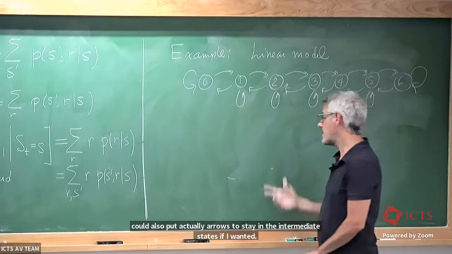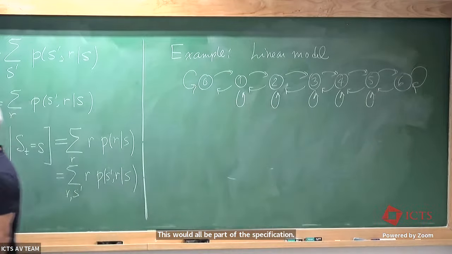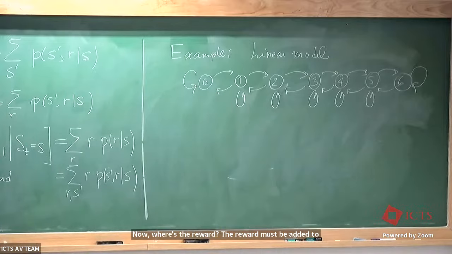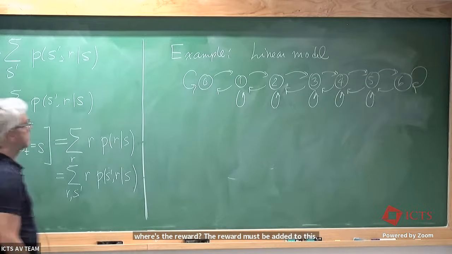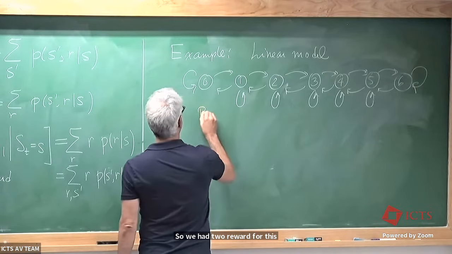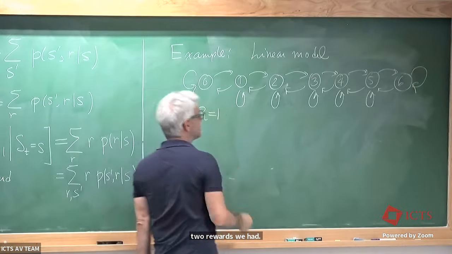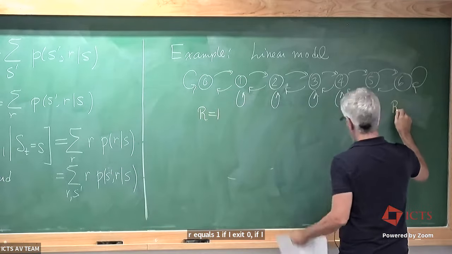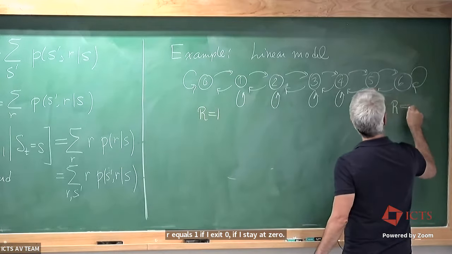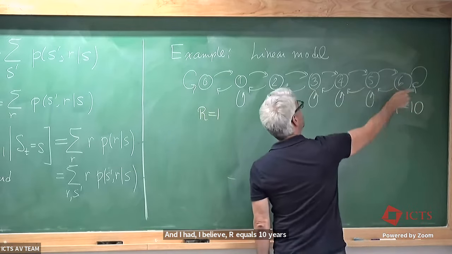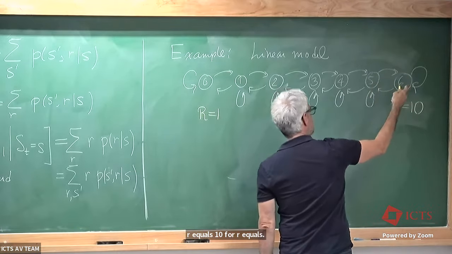Okay. Now, where's the reward? The reward must be added to this. So we had 2 rewards for this. We had R equals 1 if I exit 0, if I stay at 0. And I had, I believe, R equals 10, yes. R equals 10 for leaving 6 or staying at 6.